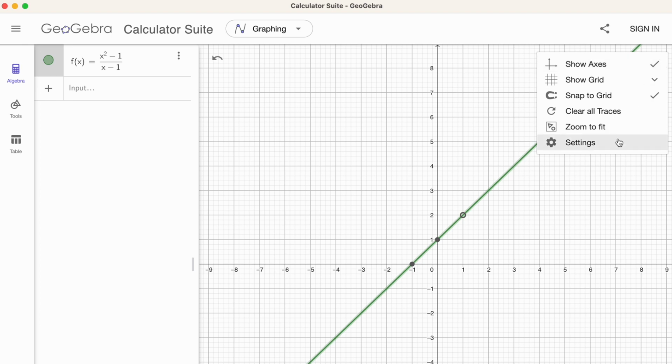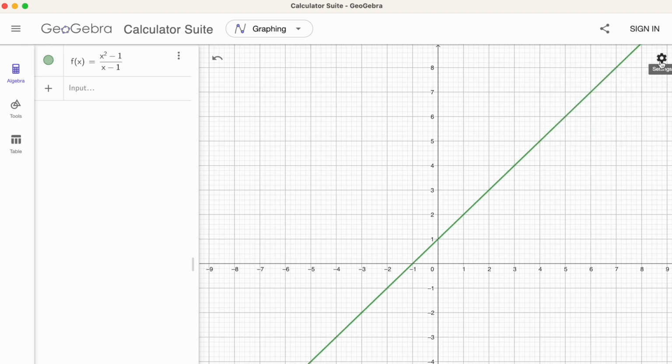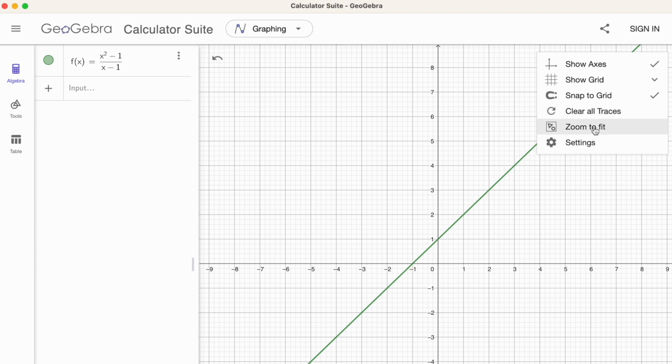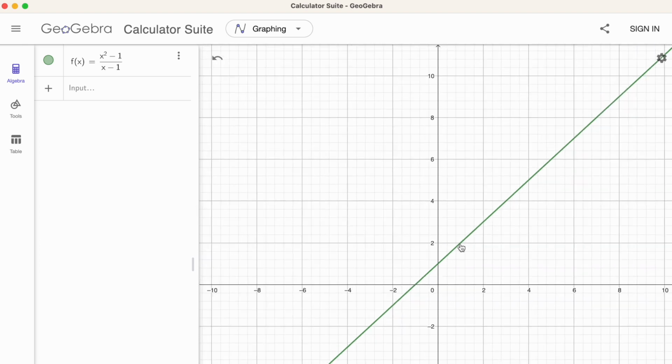So go to settings again. For example, at this moment I don't see the missing point, but if I want to see it, go to settings and zoom to fit, and just click close to the point when x equals 1, and you see here removable discontinuity. So this is a removable discontinuity.